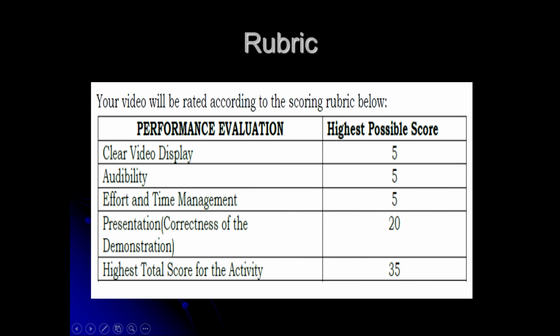If you can submit it to me, PM send it to me, the earlier the better. So there's a score of 5 points. And then, of course, the very important one, presentation, 20 points. All of these will have a high score of 35 points.